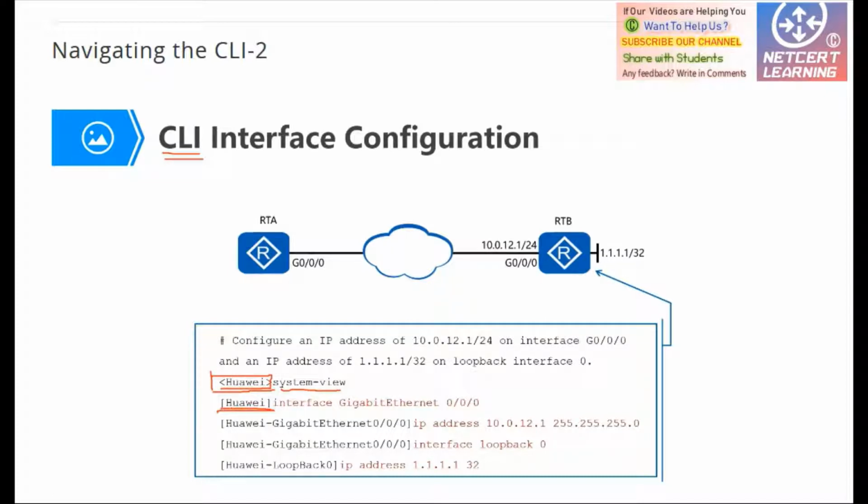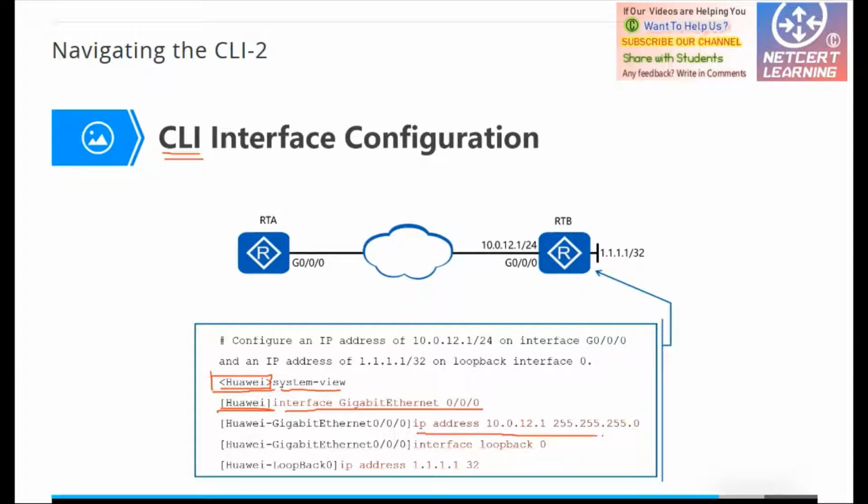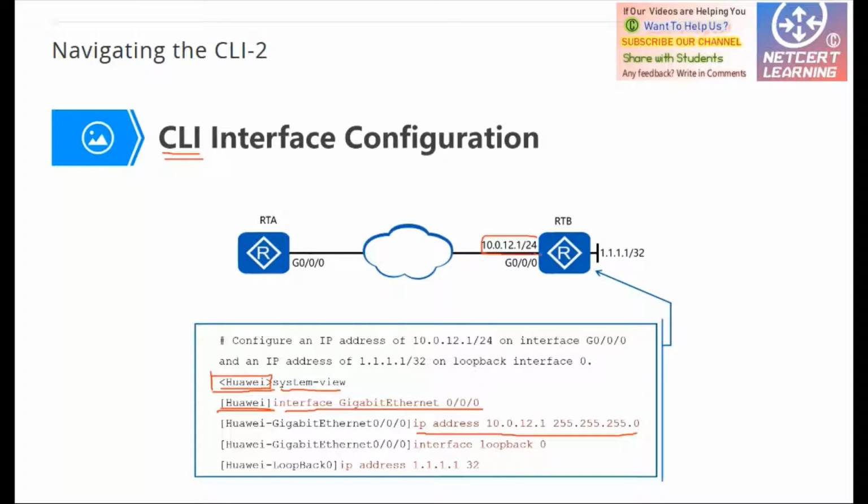If you want to configure an interface, you type interface, then the interface type and interface number. Then you set the IP address of this interface, and the interface has an assigned IP address.